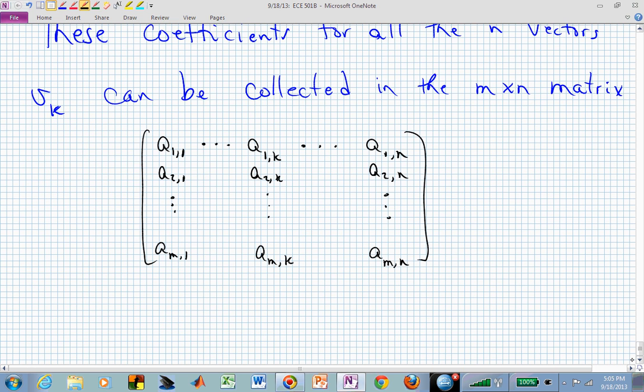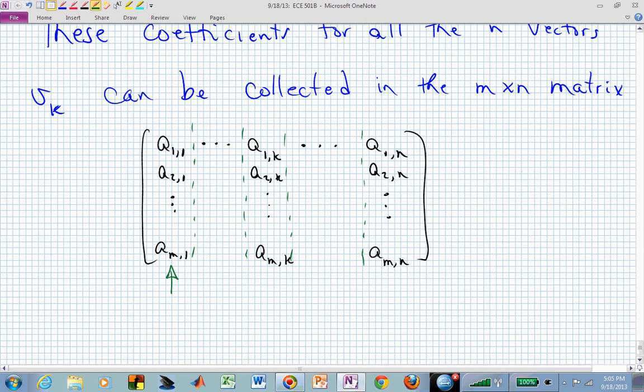And these columns, if you sort of restrict yourself to those, this is really a way to express the linear combination of basis vectors in the codomain, what T V sub N looks like is this linear combination.